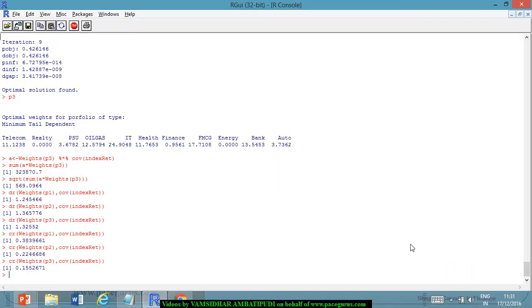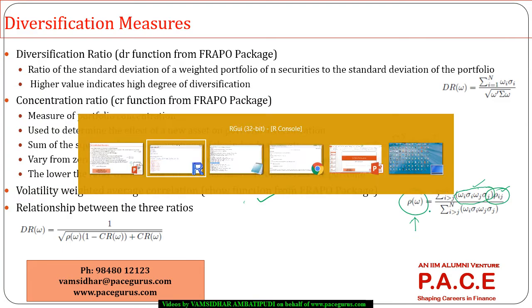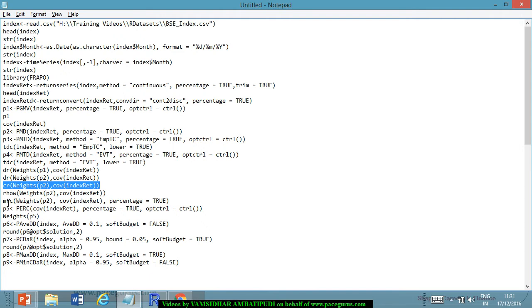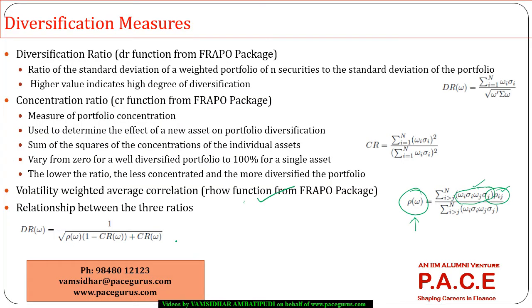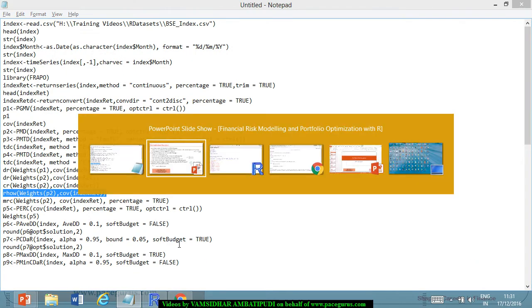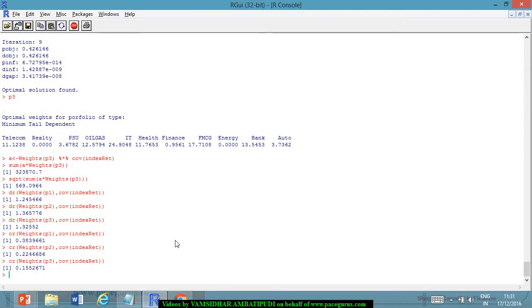Now for each of the models, I can use this function called RHOW, which is nothing but the weighted rho. Rho is a measure of correlation, and weighted means I am taking the weights for all three.